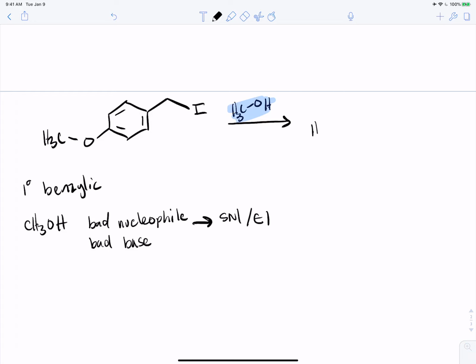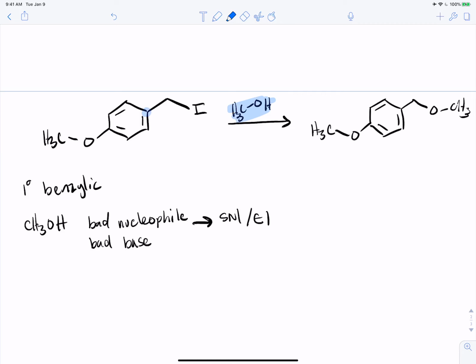And that's what we'd see here. So remember that I said SN1 and E1 occur together. That is true, but in order for you to actually see the elimination mechanism, you need a beta hydrogen. And you'll notice here, if we look at our substrate, there is no beta hydrogen.